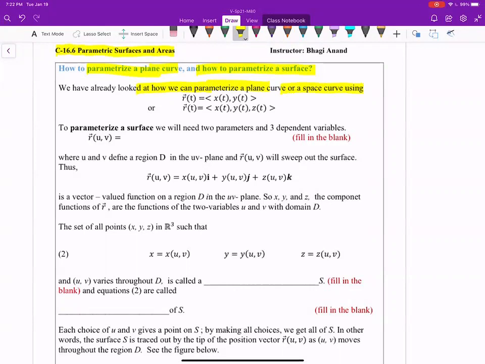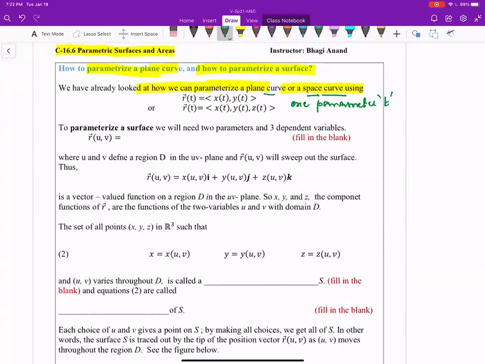And r of t is x of t, y of t, z of t in a space curve. We use one parameter t. Here you notice there is only one parameter t we use. For a curve, either it could be a plane curve or a space curve, we need one parameter.